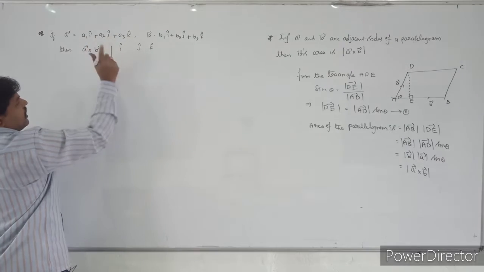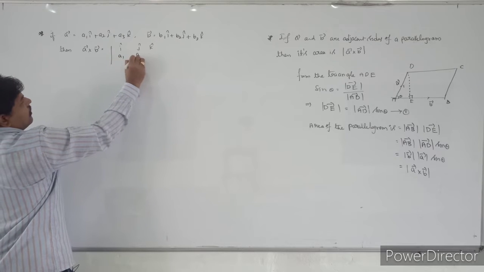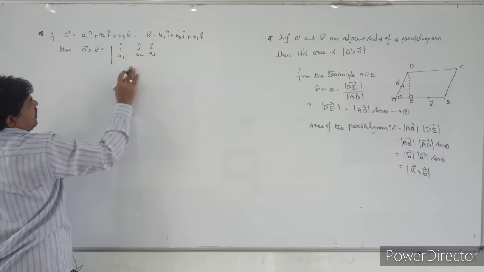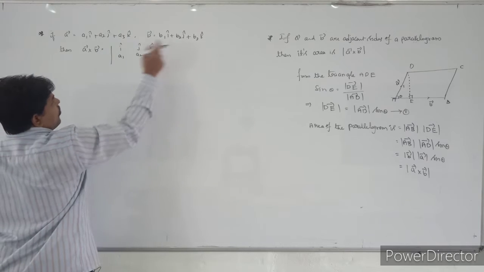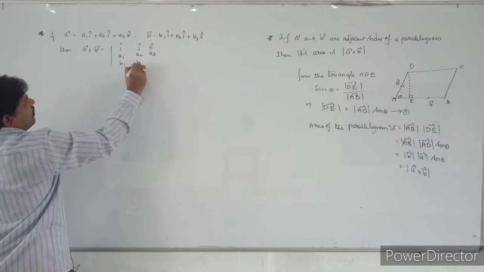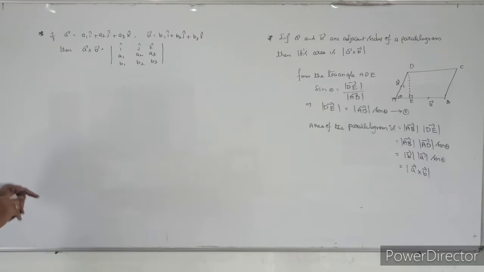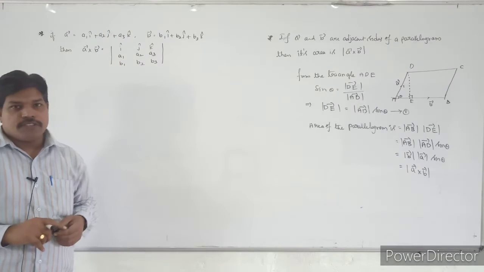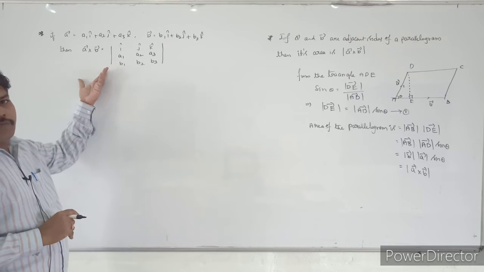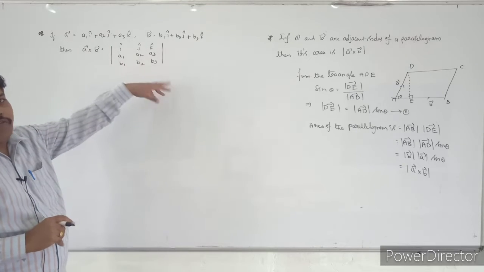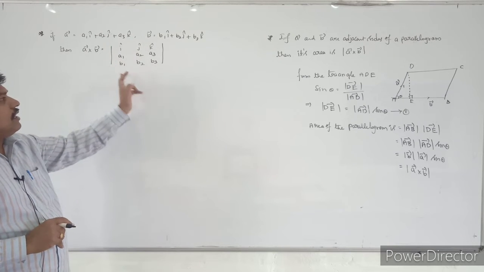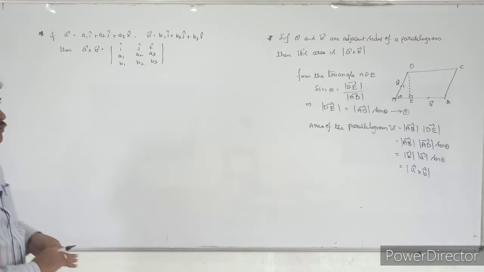Take the components of the first vector A1, A2, A3 and the second vector components B1, B2, B3. So if any two vectors are given in component form, A bar cross B bar is the determinant of i, j, k, A1, A2, A3, B1, B2, B3. Now see the proof of this.